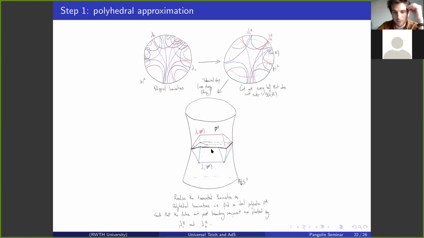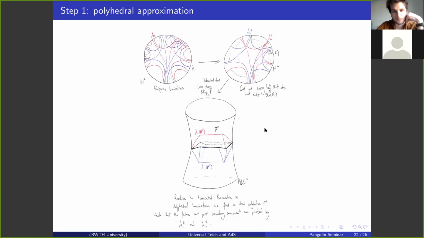That I want to call the equator of the polyhedron, so that the polyhedron has a future and a past component, and I want the future component to be pleated exactly along this truncated lamination in red, and the past component to be a pleated surface pleated along the truncated lamination in blue.